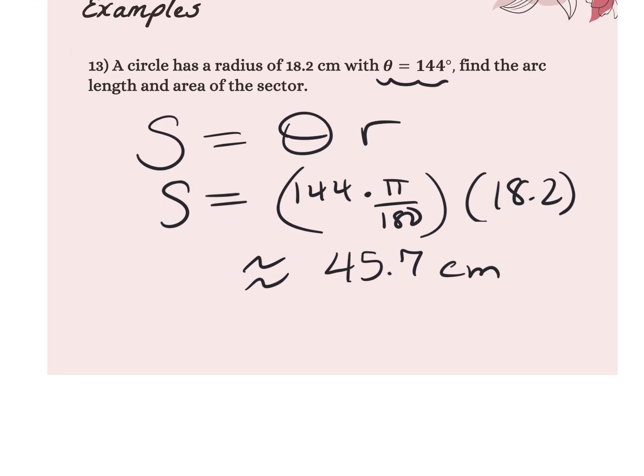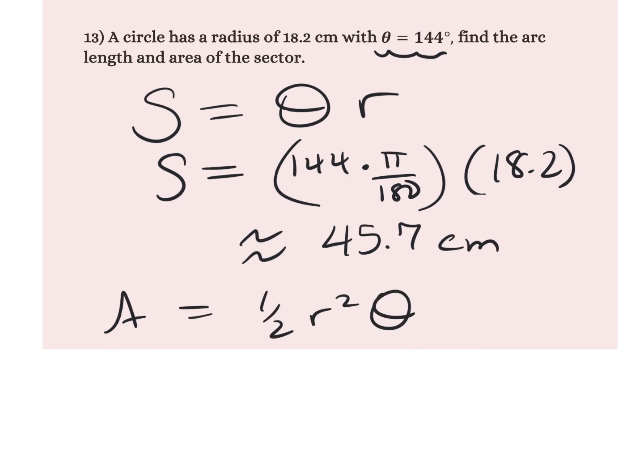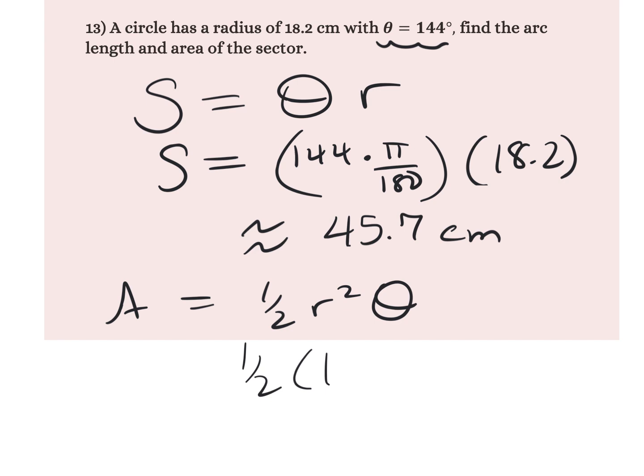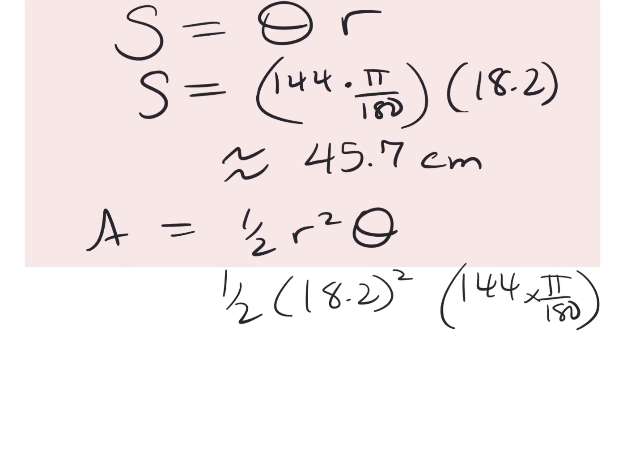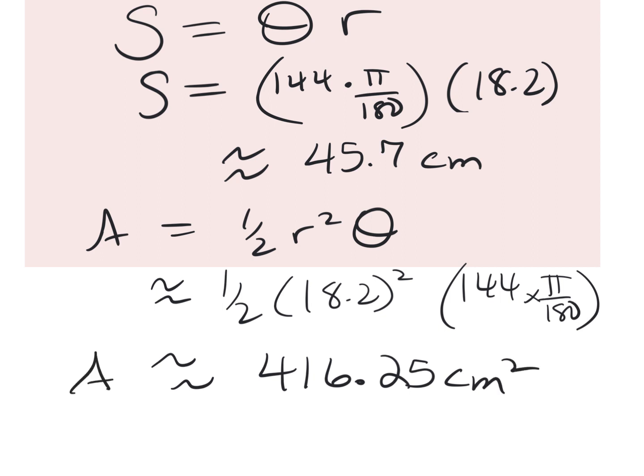The area, 1/2 radius squared theta. So 1/2, 18.2 squared times 144 times pi over 180. And we get approximately 416.25 centimeters squared, and that would be your area.